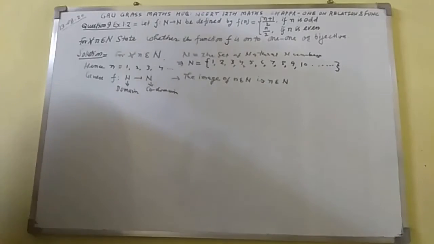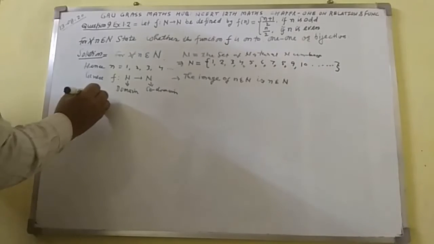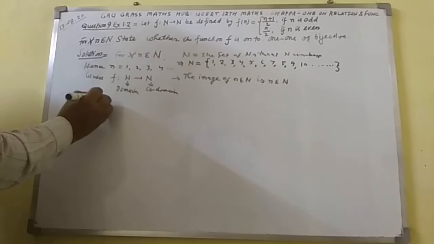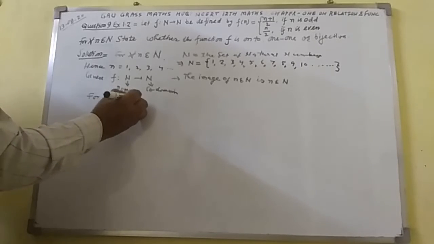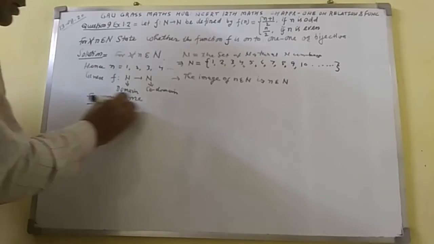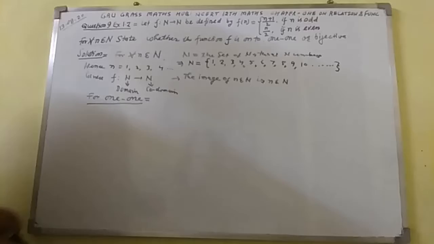So this is the case I have taken. So what to do in this case? For 1 you have to verify here. Here I shall write, for 1.